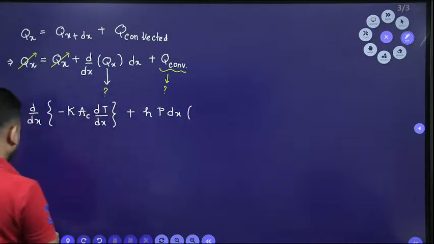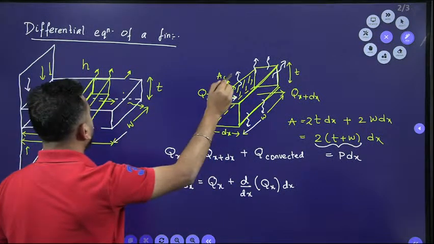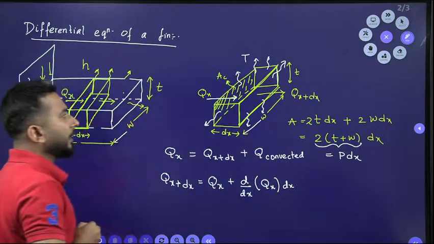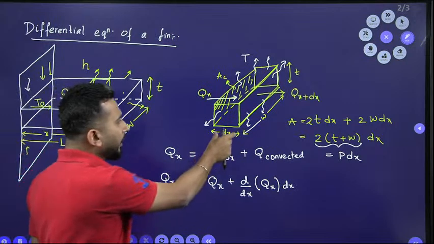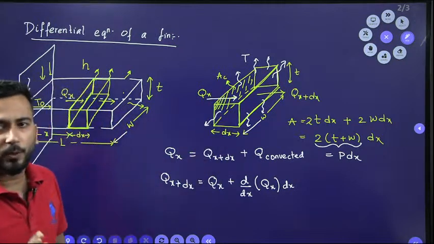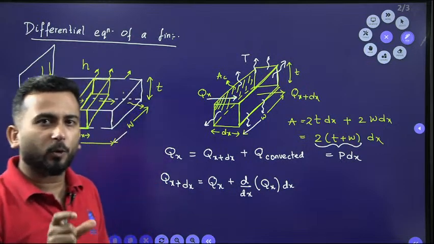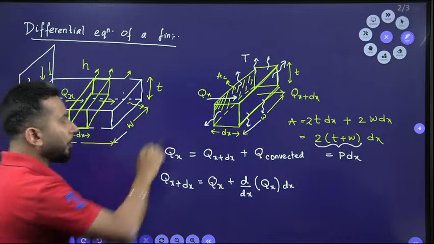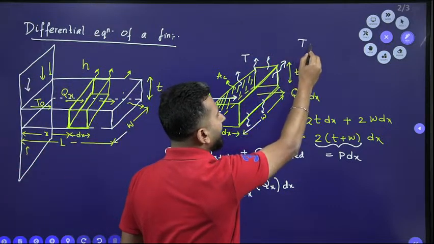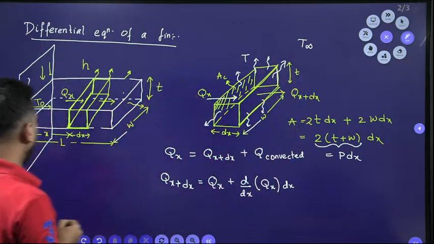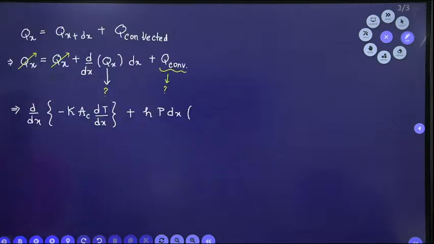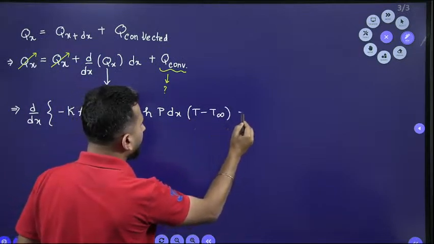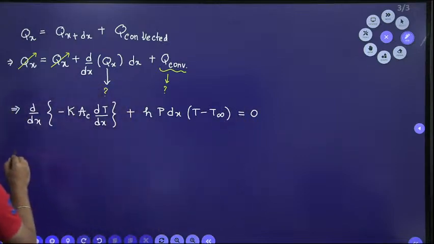And the temperature I have to assume for this particular rectangular strip as T. Now this thickness is so small that temperature is not varying. The only purpose of taking a small strip over here is that it is so small that temperature can be assumed to be constant over the strip, but outside temperature is T infinity, ambient. So what is the temperature difference? T minus T infinity, which is equal to 0. Okay.